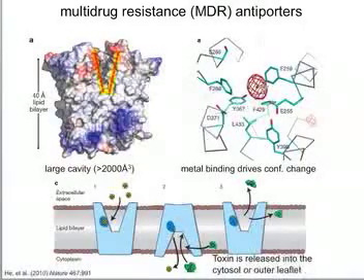The key, however, is that there's a large cavity on one face of the membrane that can admit the ions, right? And then what happens is we bind our ion in that cavity, and you might even consider that there's a particular negative charge density that might essentially suck our ligand into this cavity, and then that binding event induces a conformational change, which opens a cavity on the opposite face of the membrane, and the toxin molecule can then be admitted.